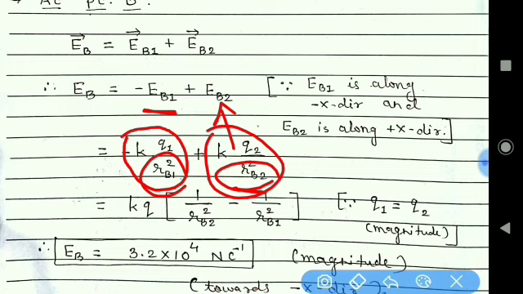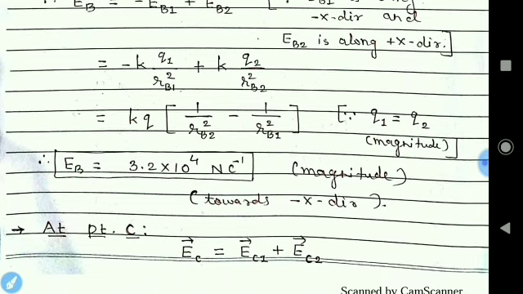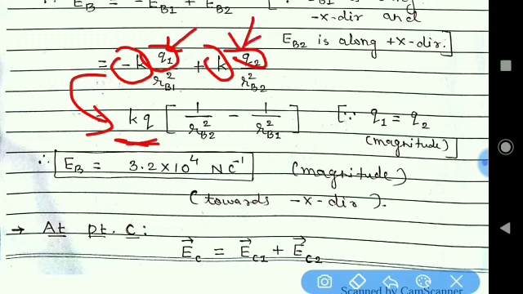And so the next part of this will be like this. Here this K and Q1, as well as here this K and Q1, are taken out common because the magnitudes of Q1 and Q2 are the same, so they are taken out, but the distances are not the same, so they were kept inside. So taking out this common, we'll get this step.